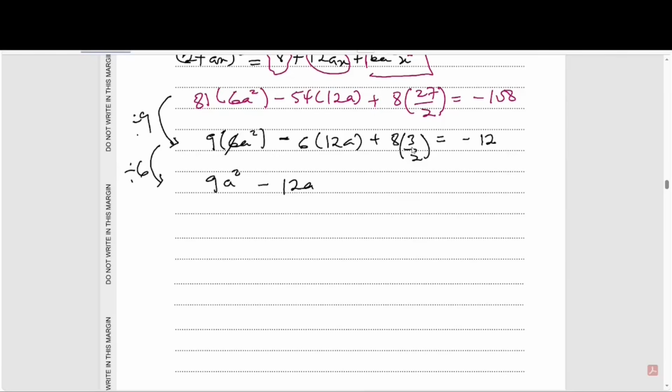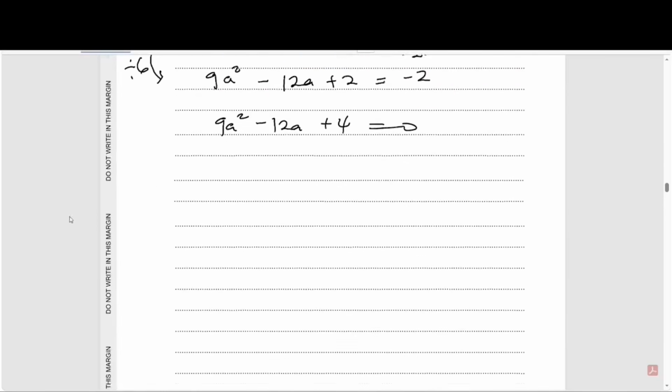Then over here, dividing by 6, 8 times 3 is 24, divided by 2 is 12, 12 by 6 is 2. So plus 2. Then at the other side of the equal sign, negative 12 by 6 is negative 2. So finally, we have our reduced quadratic: 9a squared minus 12a plus 4, since the 2 will move to the other side.